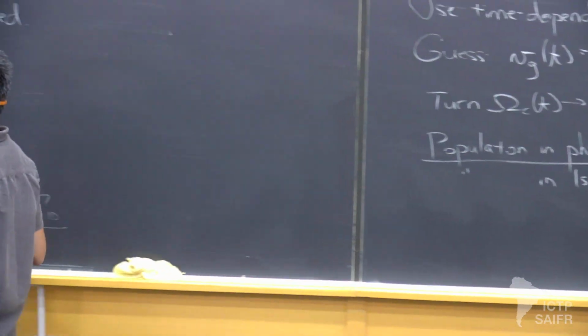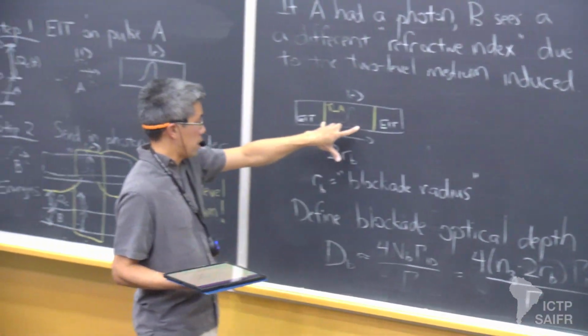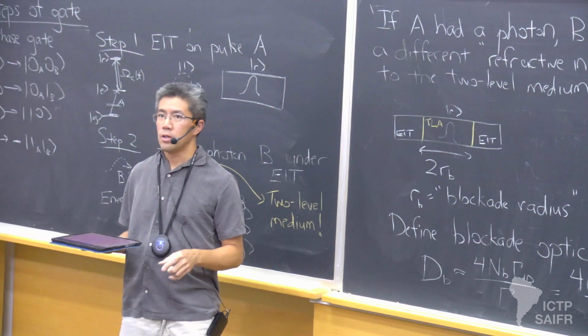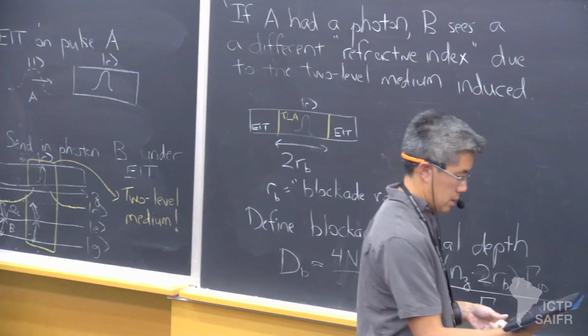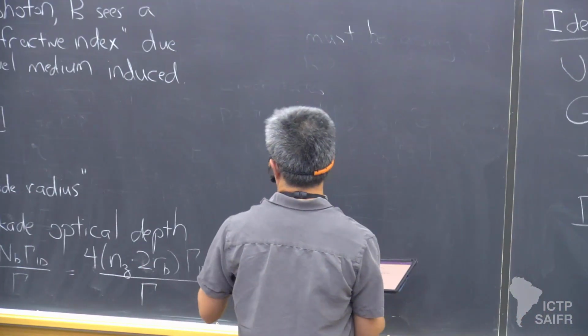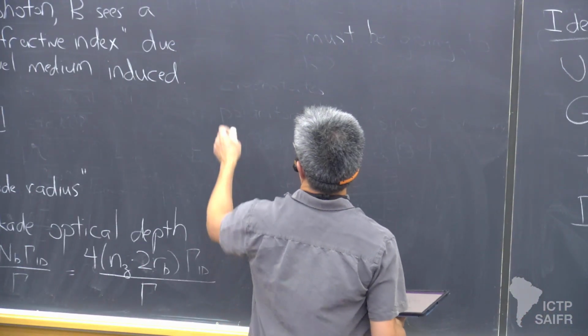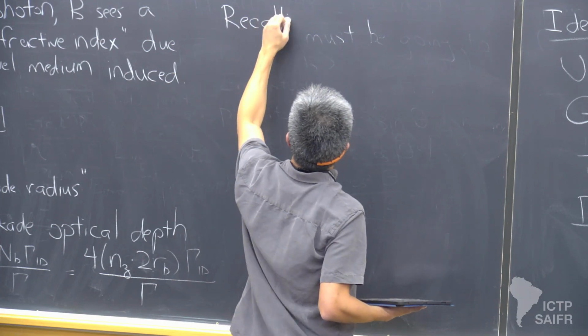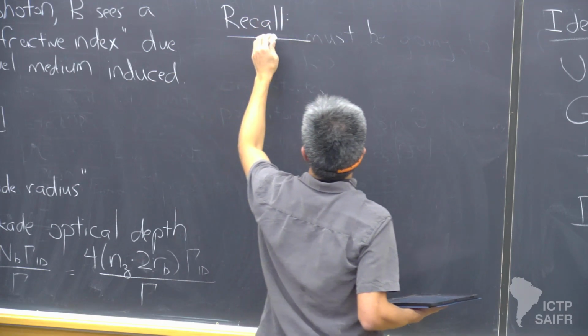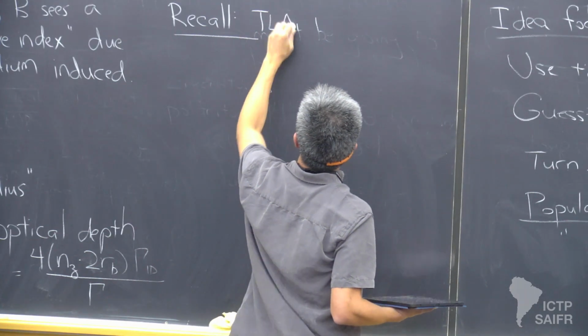Now we just have to understand exactly how we're going to use this 2-level medium to pick up an extra pi phase shift in propagation. Here we can recall our previous results for a 2-level atom.